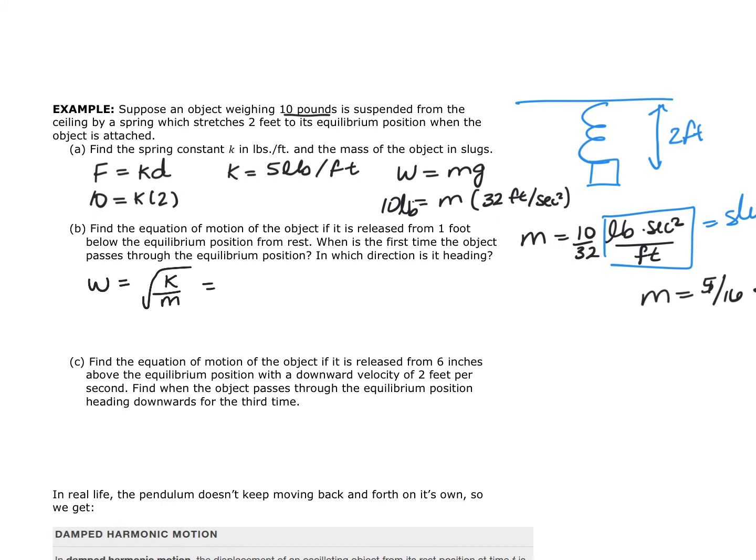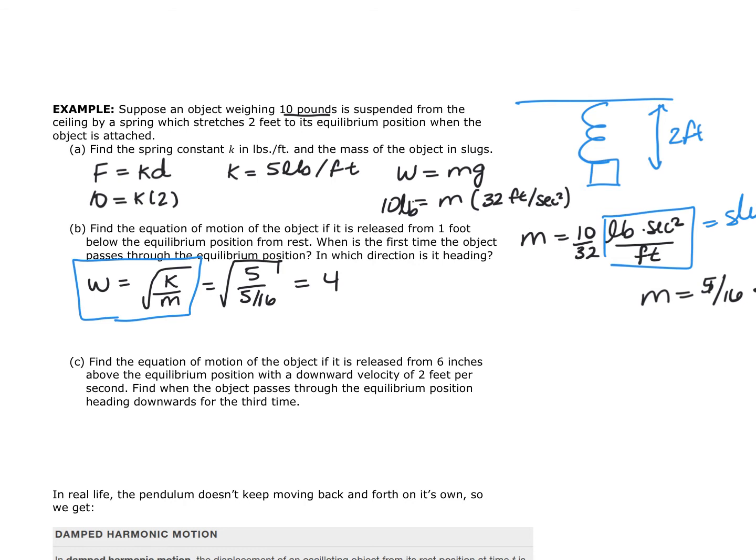So we have the spring constant. We found that to be 5, and we found the M to be 5 over 16. So we end up with an omega of 4. So here's a formula that is important.